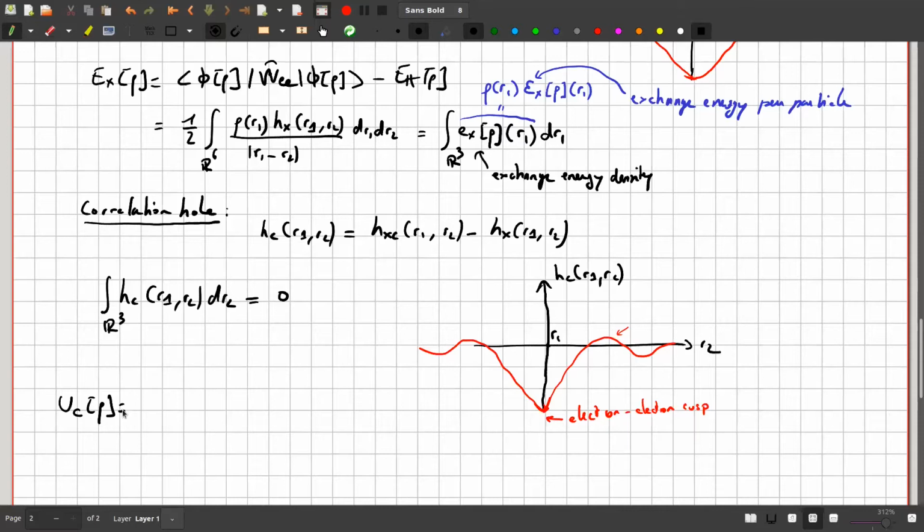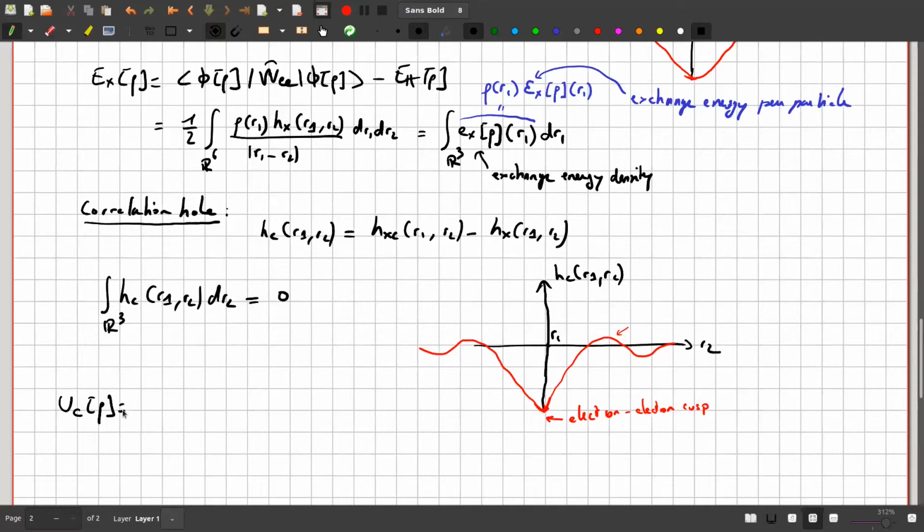So due to exchange and correlation effects, you decrease basically the probability that electron 2 is close to electron 1, but you cannot say that electron 2 is prohibited to be in a region of space. You still have in general non-zero probability for electron 2 to be close to electron 1. So that's for the first part of the question.